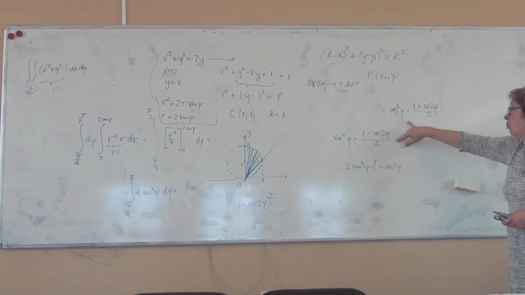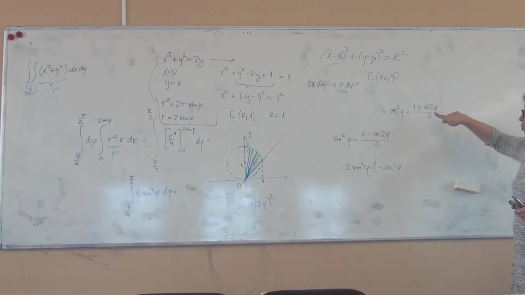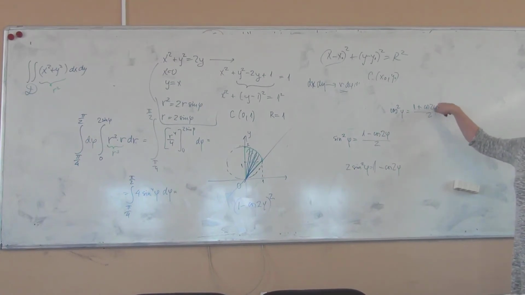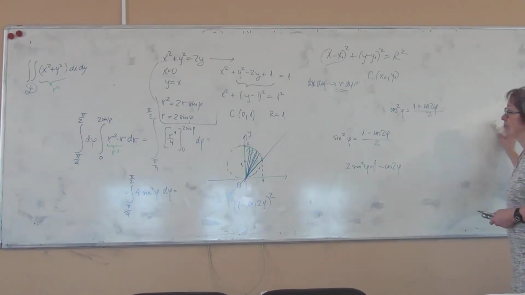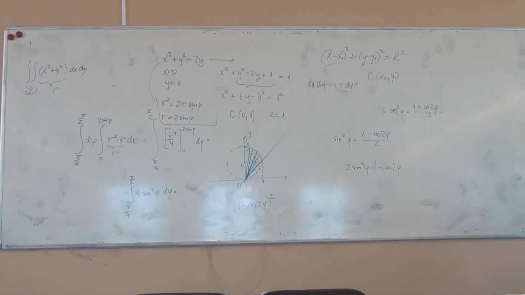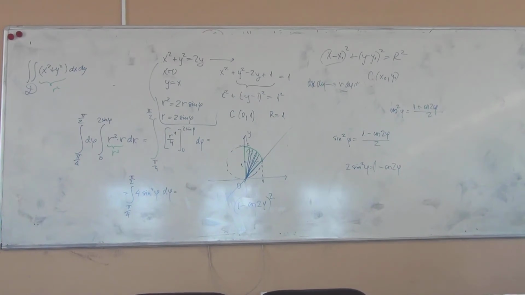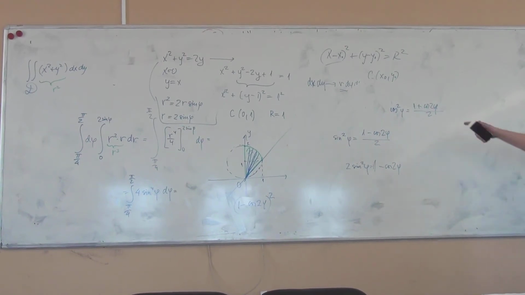These two formulas help us go from the square of sine or cosine to the first power, simply to decrease the exponent. Because we don't really know how to integrate a square or a 4th power. We know how to integrate sine or cosine of something, but we don't know how to integrate sine squared directly. So we have to do this.